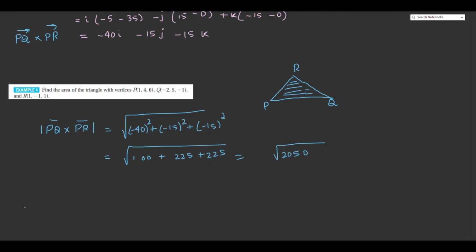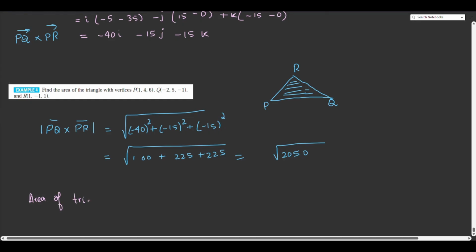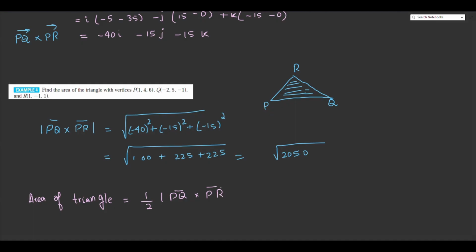So the area of the triangle is equal to 1 by 2 times the magnitude of PQ cross PR, which is equal to 1 by 2 times the square root of 2050. You can leave it here. So this is your answer.